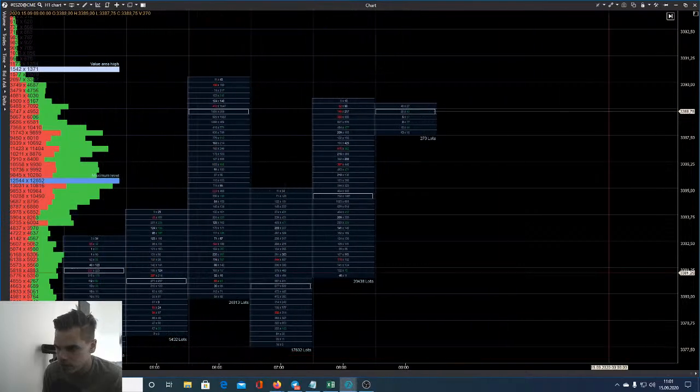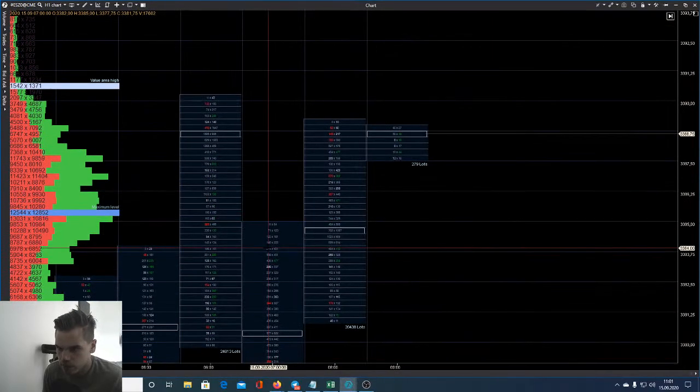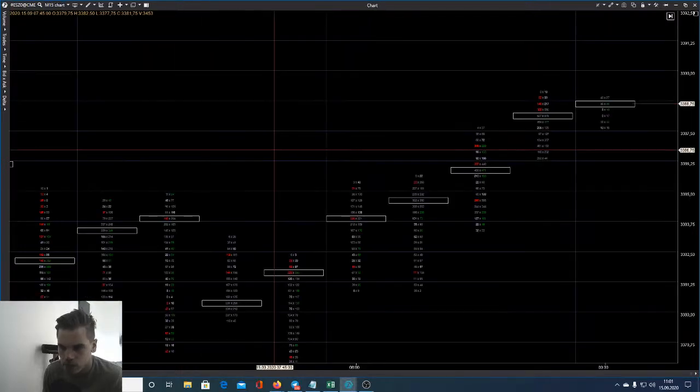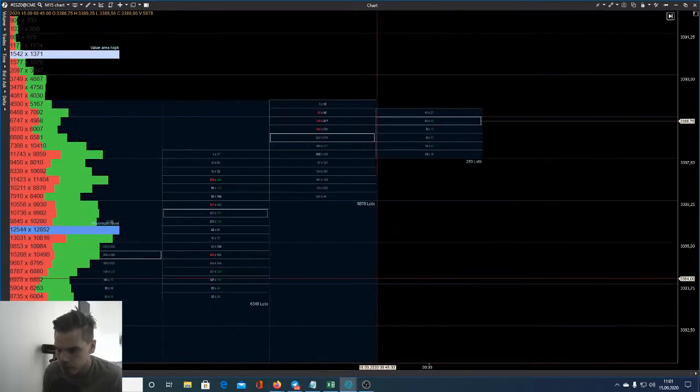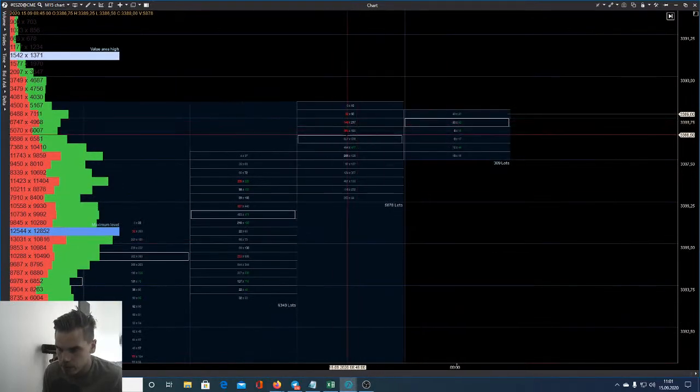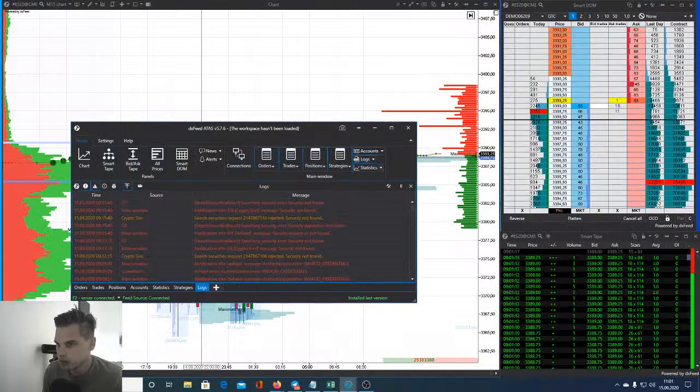See balance here. Yeah, there's sellers. Looks like it wants to push up.